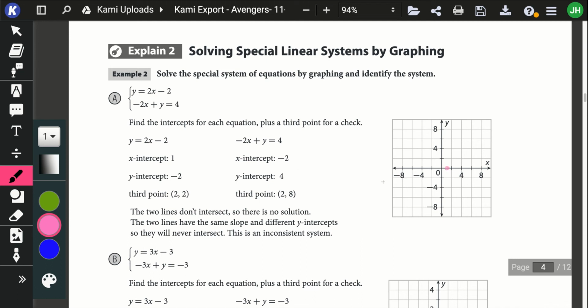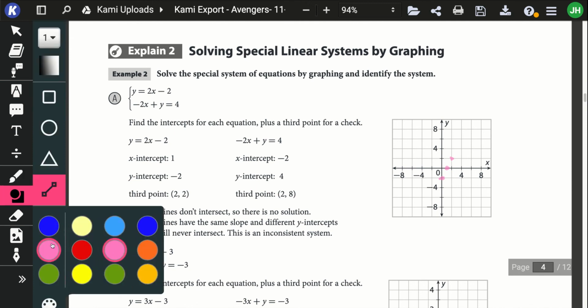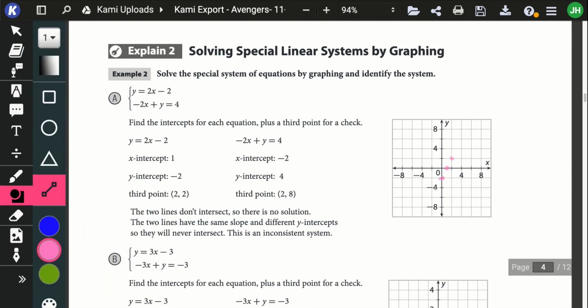When x is 0, y is -2, that's right here. The third point is 2, 2, that's right here. They line up.